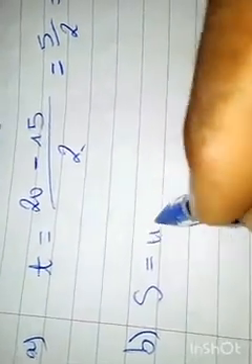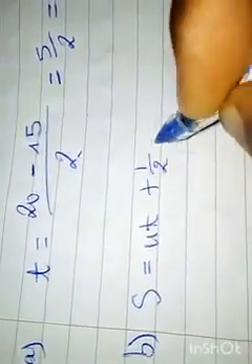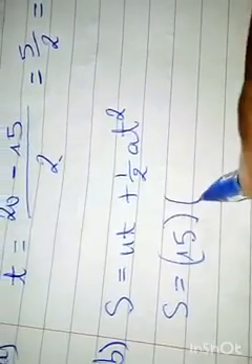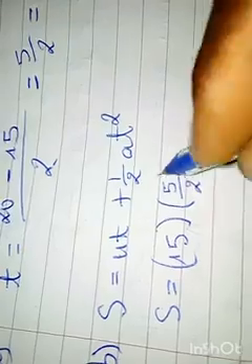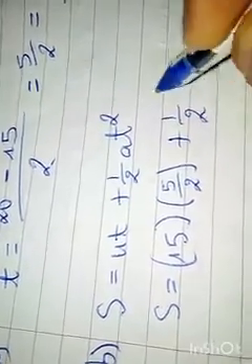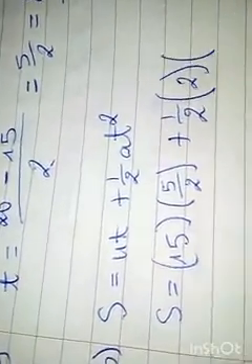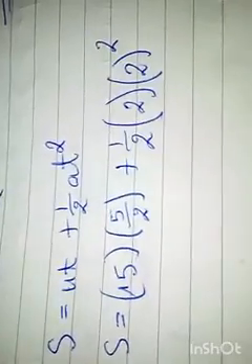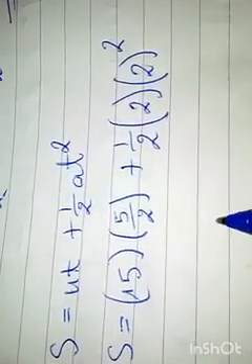Equation 3 says s is equal to ut plus half at squared. And that is s we are looking for. s is equal to ut, u being 15 meters per second and t being 5 over 2, plus half a t squared. The t is 5 over 2, squared. This is what they call substitution, and you continue your solution.